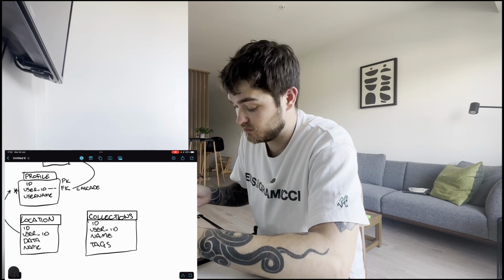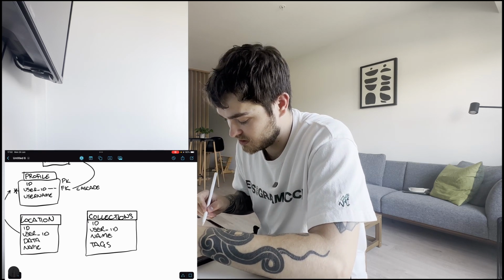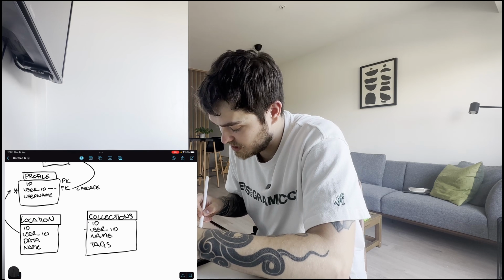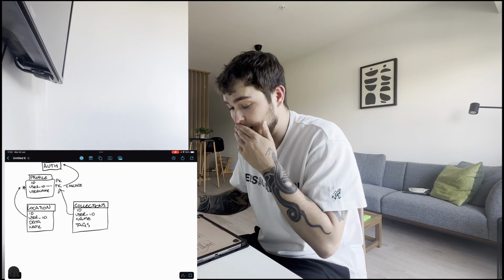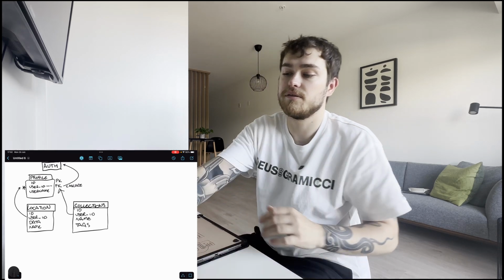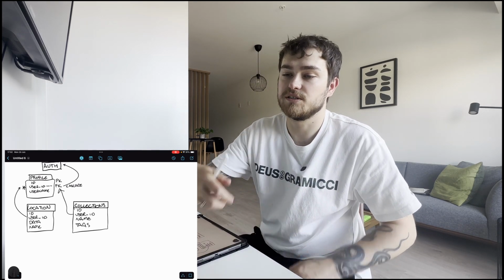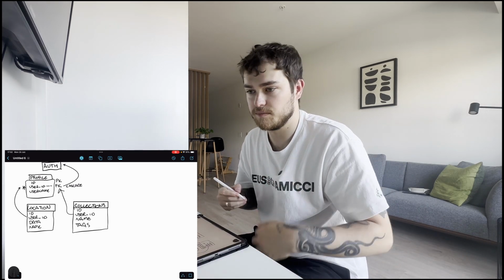And we're going to use, believe it or not, this user ID to link back to our profile, to allow us to show that a collection belongs to a specific user profile.